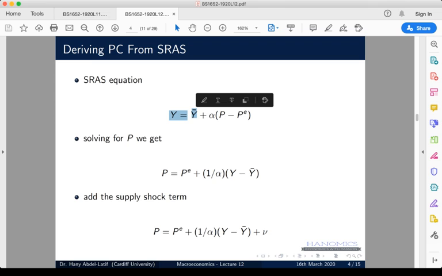Okay, we explained what frictional unemployment is. If you remember, frictional unemployment is when people move between jobs, so they spend time unemployed looking for jobs or getting ready to join a new job. This is part of labor market dynamics: people leave jobs, join jobs, and start new jobs. That is frictional unemployment.